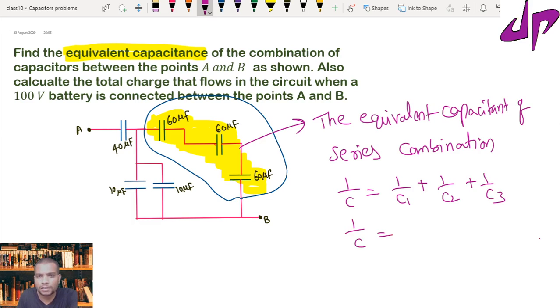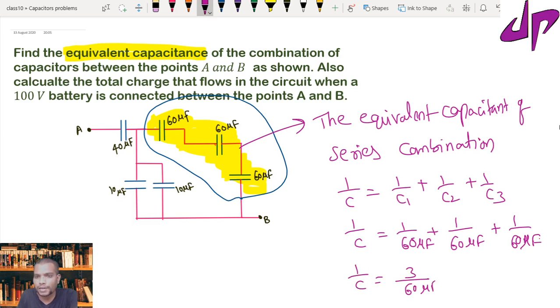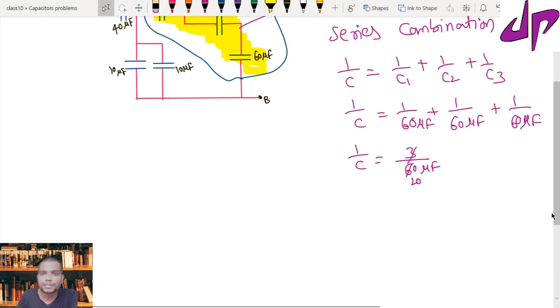So 1 over C equals 1 over 60 microfarad plus 1 over 60 microfarad plus 1 over 60 microfarad. So 1 over C equals 3 over 60 microfarad. 3 into 60, 20 times. So the equivalent capacitance C equals 20 microfarad.